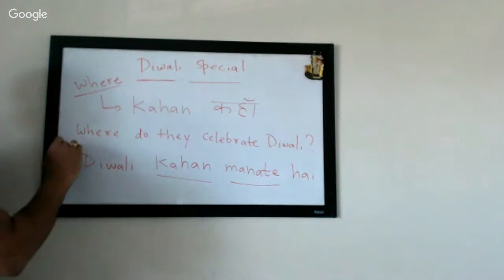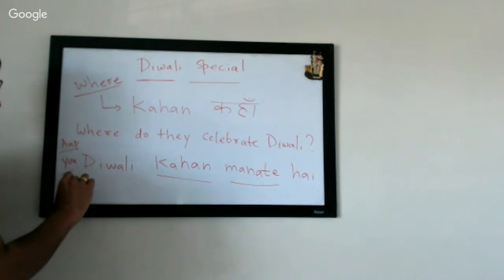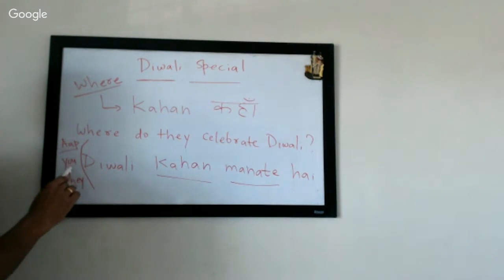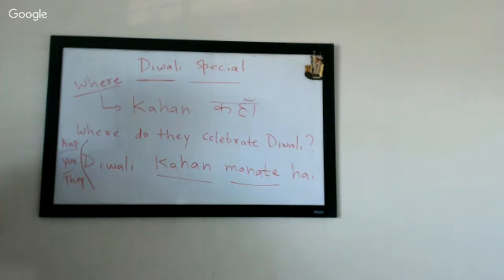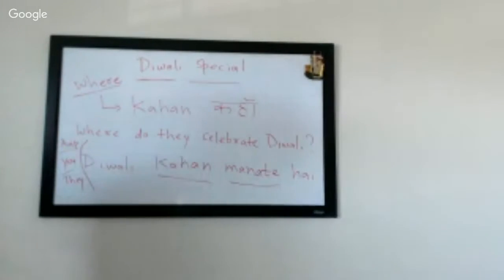You can think of it as आप, or you, or they, but we are simply saying दिवाली कहाँ मनाते हैं. आप दिवाली कहाँ मनाते हैं, you can say that, which is you. They is वे दिवाली कहाँ मनाते हैं. But because we're simply referring to it as दिवाली कहाँ मनाते हैं, manana becomes mana, manate.